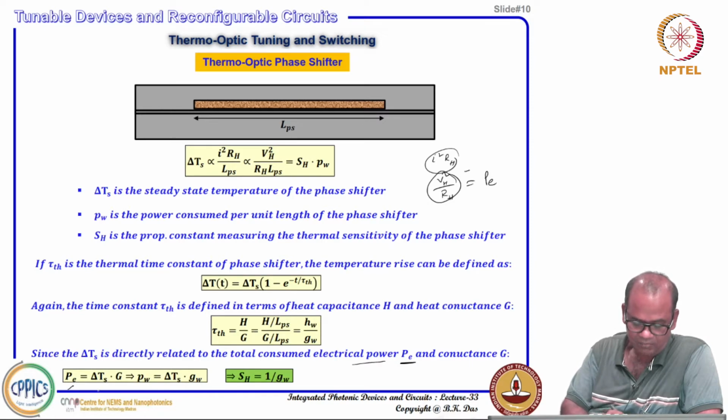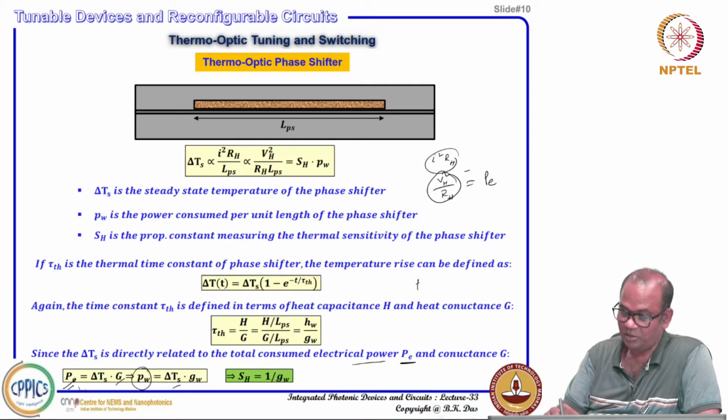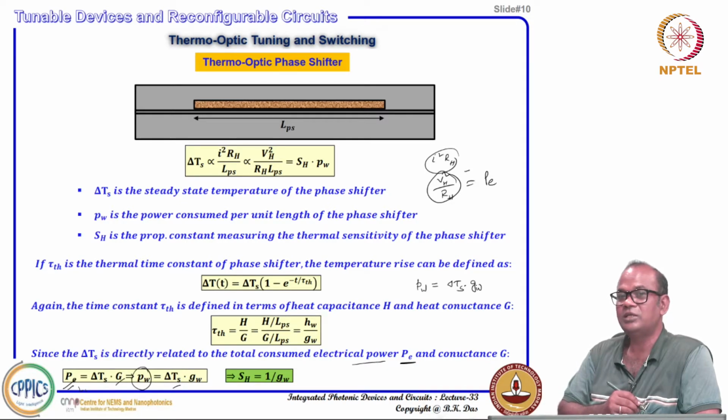Okay. So, what you can do here, this PW, means you just divide the left hand side by LPS and the right hand side also by LPS. That means the left hand side will give you PW, the right hand side delta TS by GW. You can remember that this PW, the power consumed per unit length of the waveguide phase shifter, determines how much temperature rise you get in steady state, and that is decided by how good the conductance is.